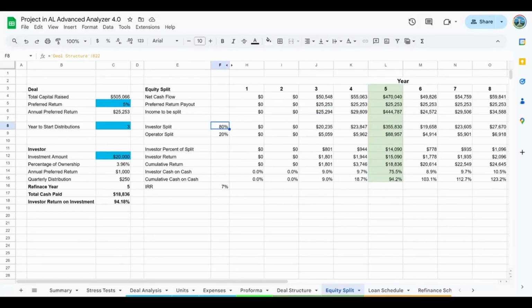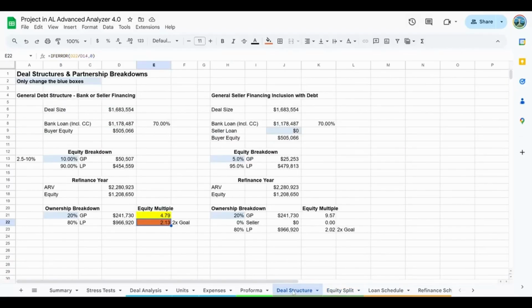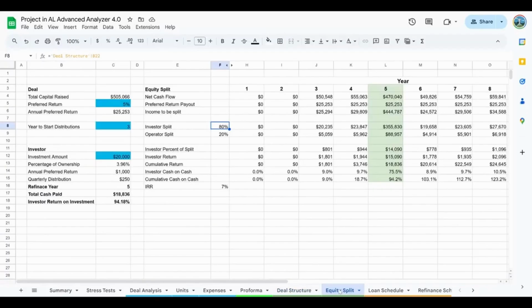So the investors get 80%, which is what we put over here, down here in our ownership breakdown. Investors, the limited partners, are getting 80%, and the operators or general partners are getting 20% of the cash flow income. And then our next variable under the deal is the year to start the distribution.